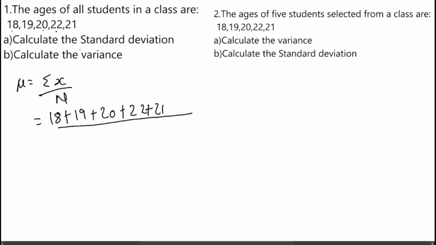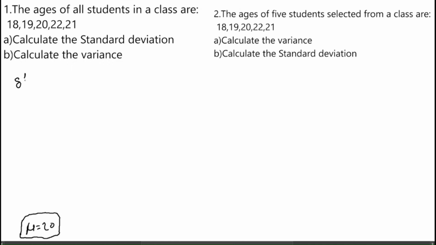There are 5 data values in the data set. So our n is 5. When you add everything together, you will have 100 divided by 5. 100 divided by 5 is 20. So the population mean is 20. Now let's save the value down here for later.